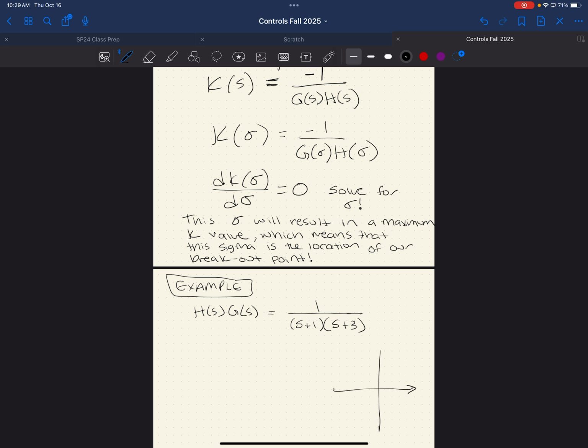So if I were to really quickly sketch real imaginary, I have a minus 1, minus 3 pole, 2 poles. I draw the real axis branch between them because I'm to the left of a single pole. I must have 2 infinite zeros because I've not got enough zeros for my branches to go to. So they must shoot off into infinity somewhere.